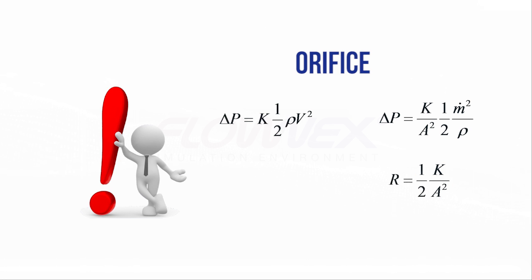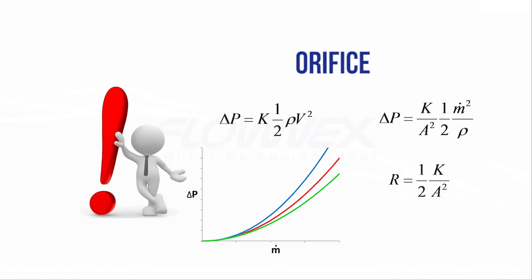In this case, however, the resistance term is not a fixed value as with the pipe, since K is subject to several variable fluid properties, such as the Reynolds number. So here, the pressure flow relationship is not purely quadratic, but will deviate depending on the geometry. The same also holds true for components with intricate geometries, such as valves or heat exchangers.